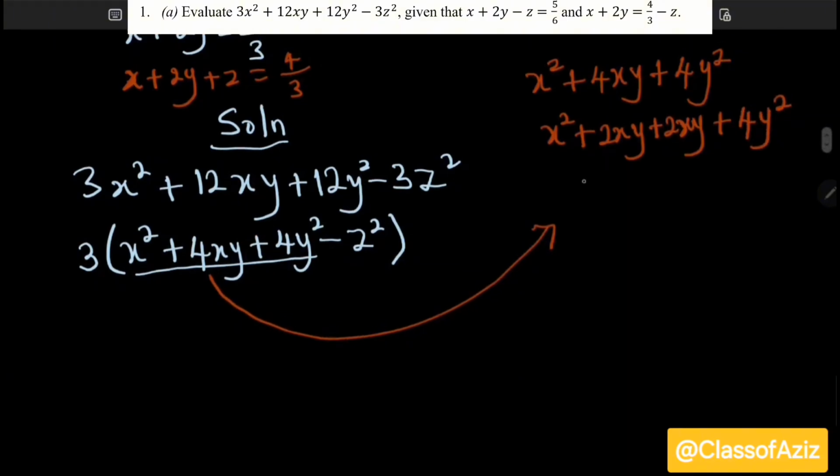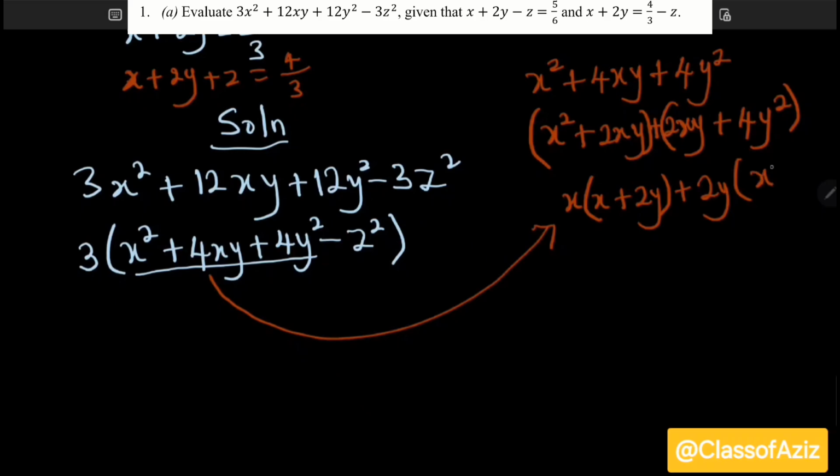Now we put this into brackets, so we bring x out, and this divided gives us x, then here will give us 2y, and then we factor out 2y here, so we have 2y into bracket x plus 2y.